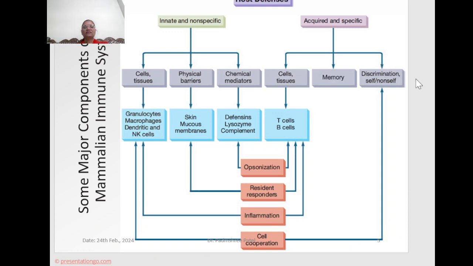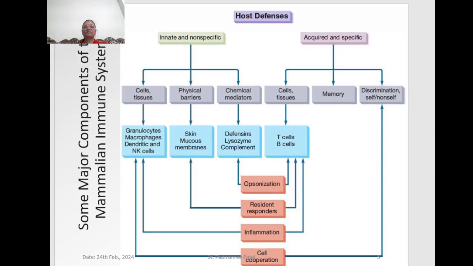As you've seen, the innate, non-specific defense mechanisms and the acquired, specific immune mechanisms have been discussed separately. We can understand from this diagram that there are multiple levels at which they are interconnected, like opsonization, which can be best done by activated T and B cells when they cooperate with defensins, lysozyme, and complement, which are mediators of the innate response.